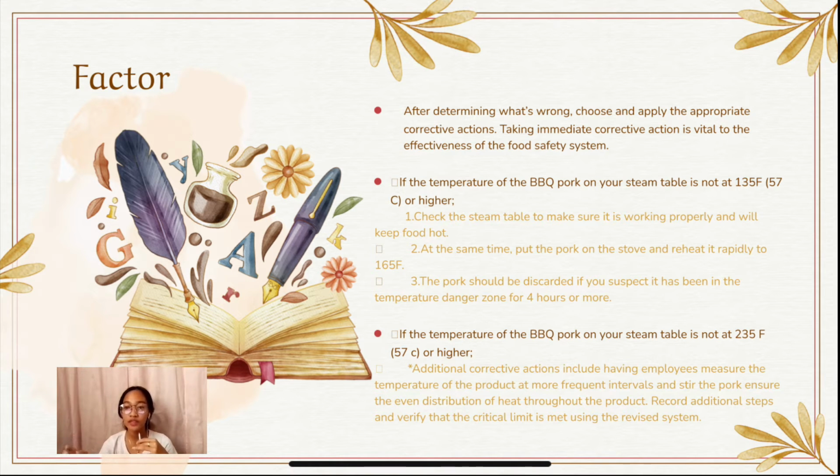And also, if the temperature of the barbecue pork on your steam table is not at 135 degrees Fahrenheit or 57 degrees Celsius or higher, additional corrective actions include having employees measure the temperature of the product at more frequent intervals and stir the pork, ensure the even distribution of heat throughout the product, and record the additional steps and verify the critical limit is met using the revised system.